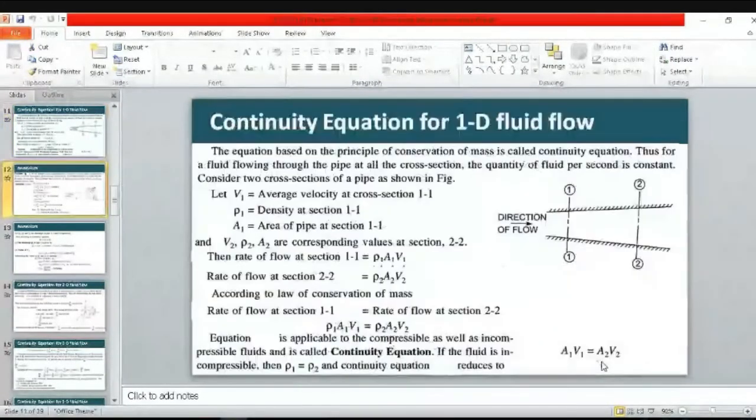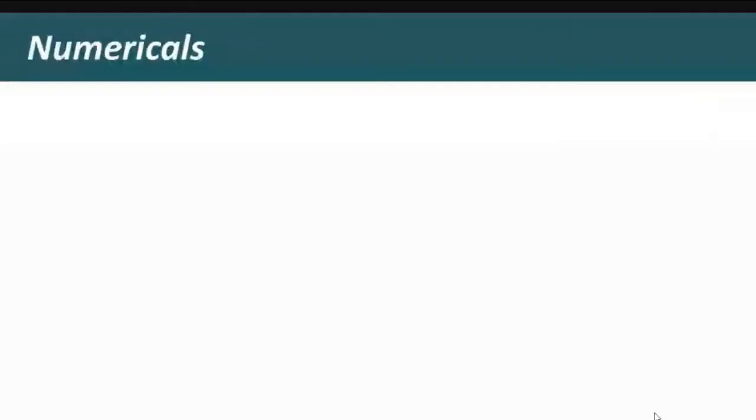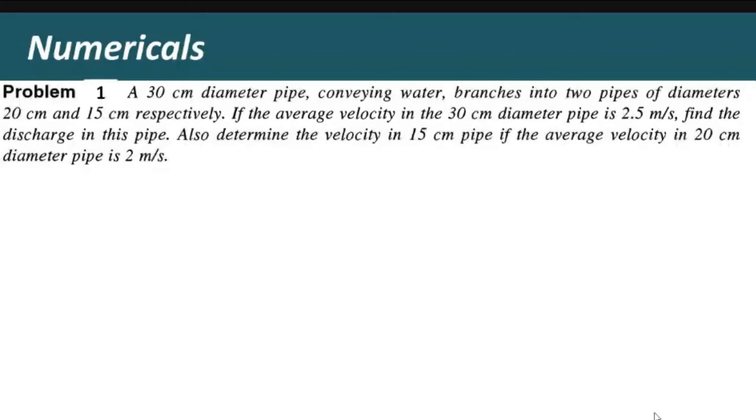Okay. So today we are going to see one numerical on the continuity equation. So first numerical: a 30 centimeter diameter pipe conveying water branches into two pipes of diameter 20 centimeter and 15 centimeter respectively.